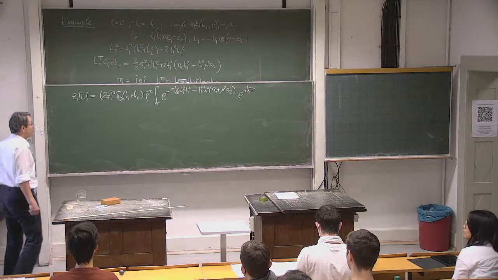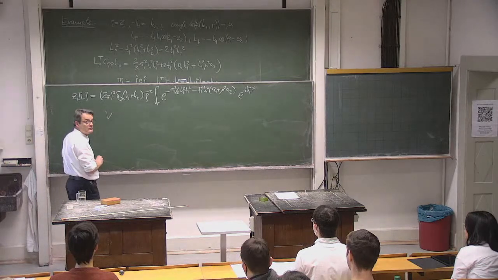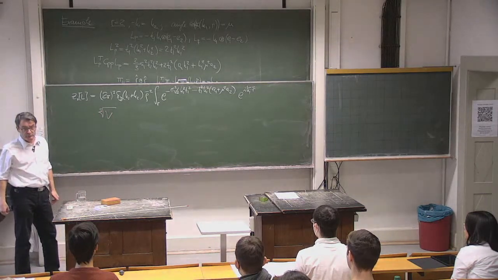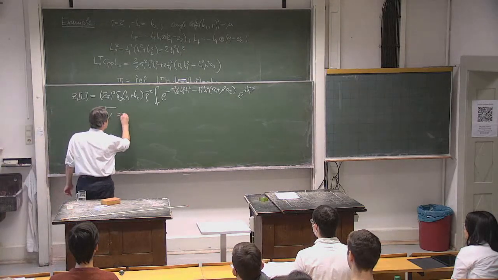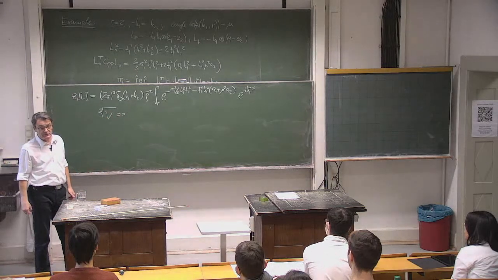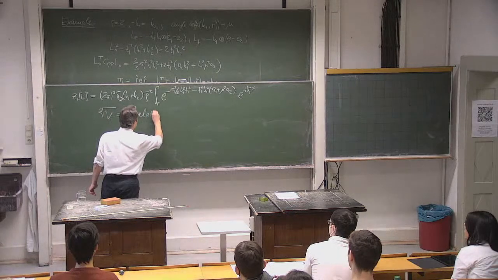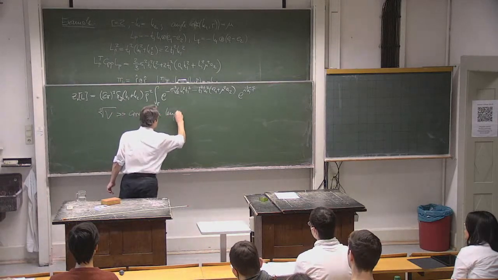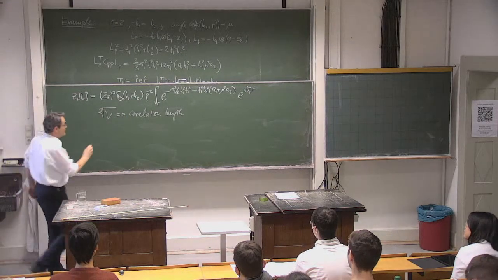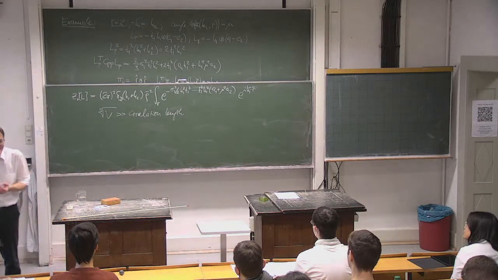What we mean by that is that we look at volumes such that the third root of this volume is very much larger than any correlation length that is represented in the original power spectrum.